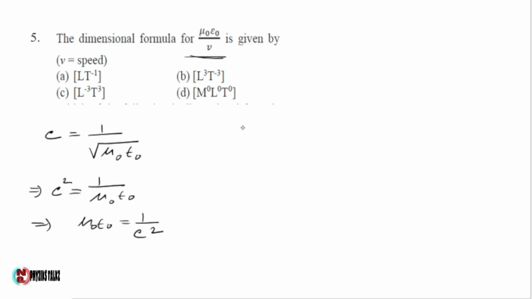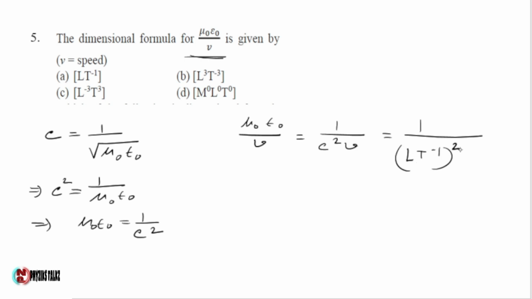Now the constant mu naught epsilon naught by v equals 1 by c square into v, which gives 1 by (LT^-1) whole square into LT^-1, which gives L^-3 T^3. So the correct option is option C.